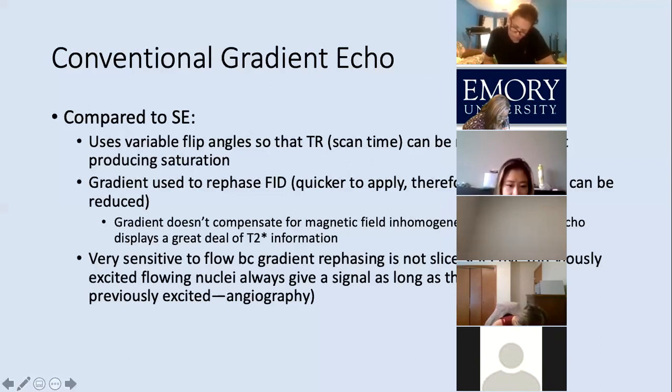So the resultant echo displays a great deal of what we call T2 star information instead of just T2. So if you see on a scanner or on a test T2 and then the star next to it, you know you're dealing with a gradient echo pulse sequence. So always associate this star with gradient echoes.